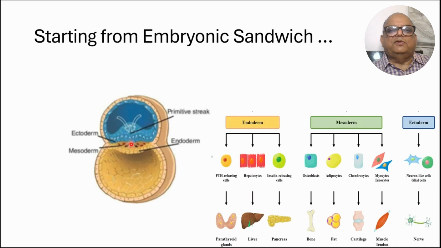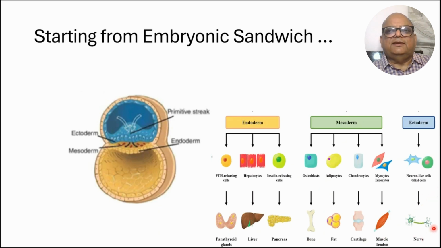Ectoderm, endoderm, mesoderm is shown here, and eventually endoderm diversifies into parathyroid, liver, pancreas and all these glands, also including the sex organs. Mesoderm, of course, gives bone, fat, cartilage, muscles, etc. And ectoderm is, of course, skin and nerves and sensors.